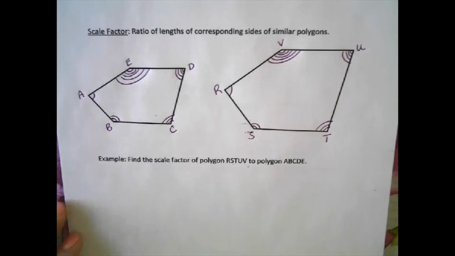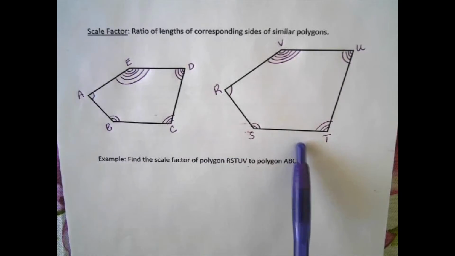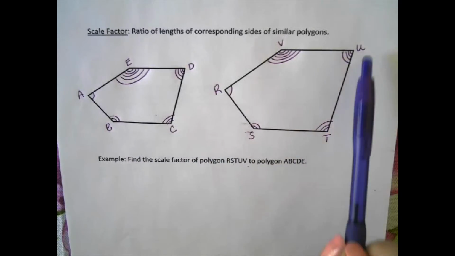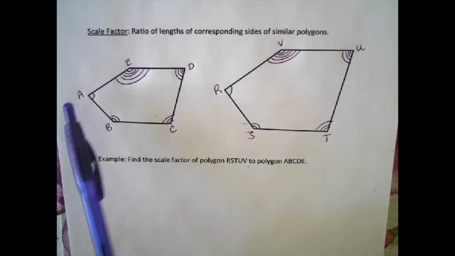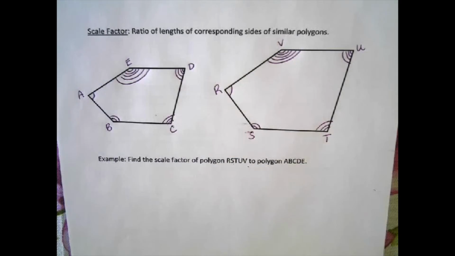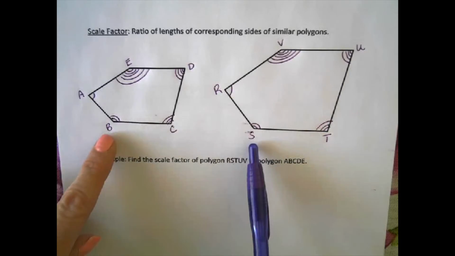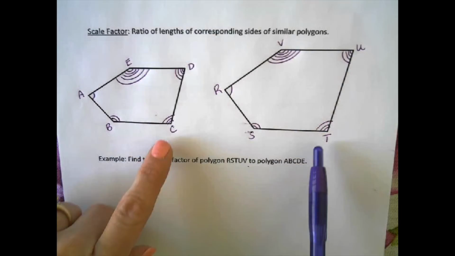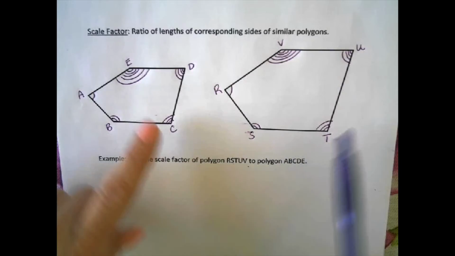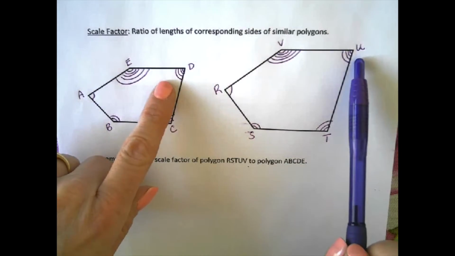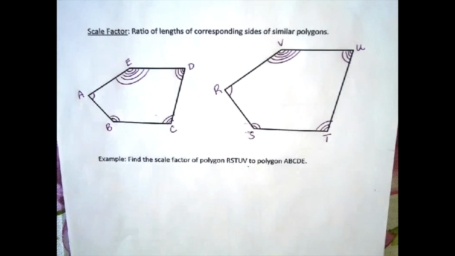In this particular example, I have two polygons, the first being RSTUV and polygon ABCDE. As you can see from the angle markings, angles A and R are congruent, B and S are congruent, C and T are congruent, D and U are congruent, and E and V are congruent.